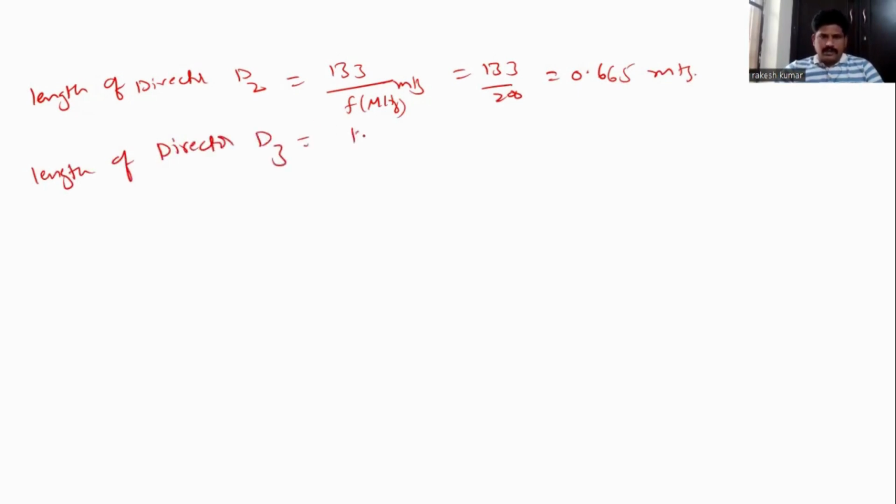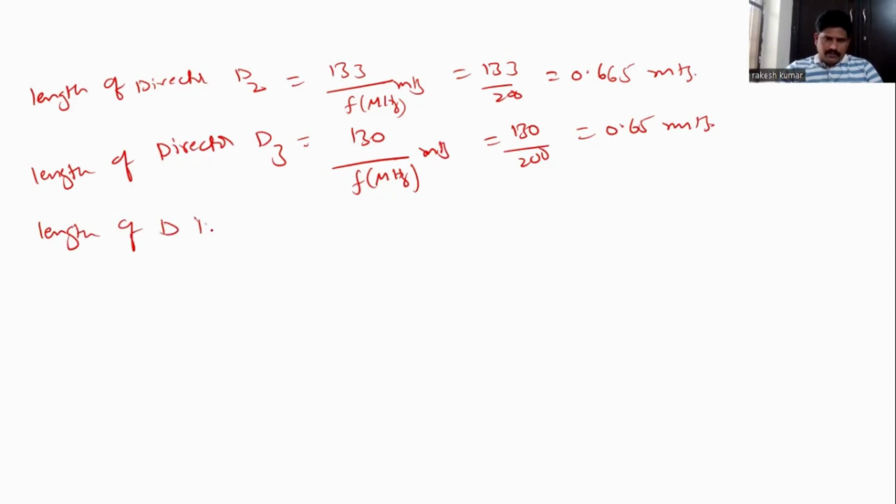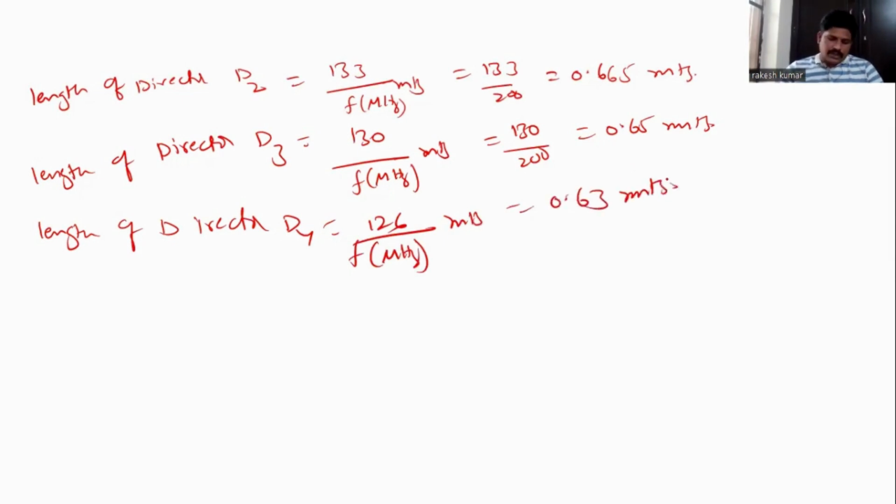So it is 130 by F in megahertz, meters. So it is 130 by 200, that is equal to 0.65 meters. Okay, next, length of director D4. So the length of director D4 is equal to 126 by F in megahertz, meters, that is equal to 0.63 meters.